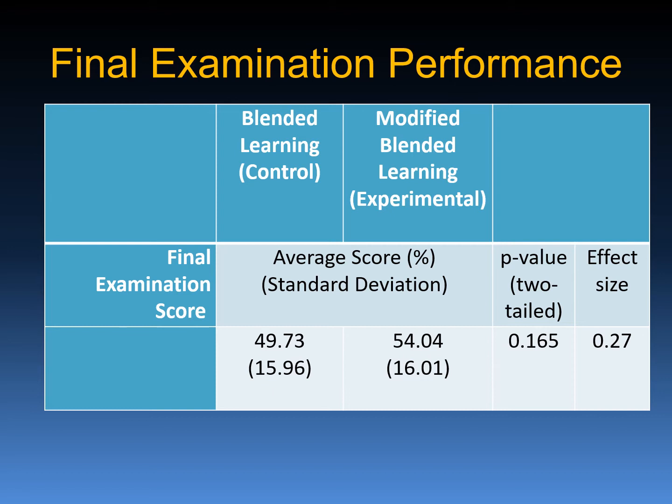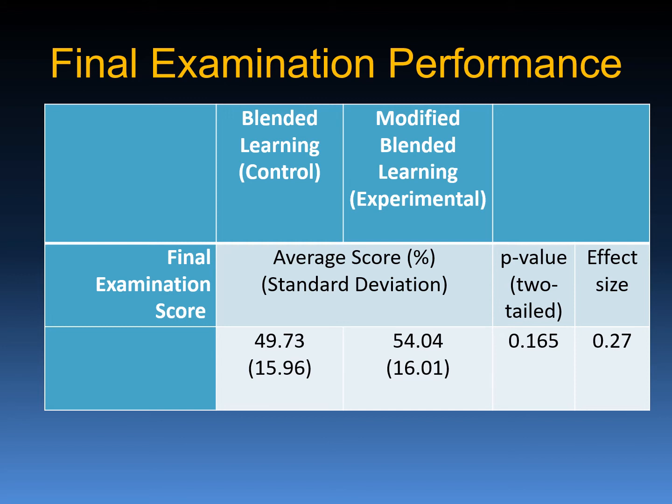To look at the results, what we found is the difference in the average student score on the final examination between the two treatments. We were calling it blended learning, which is the control group, and modified blended learning, which includes these cumulative tests and practice tests. We used ANOVA analysis with control, because we were doing this in different semesters.